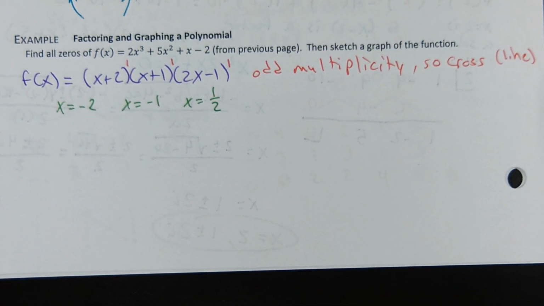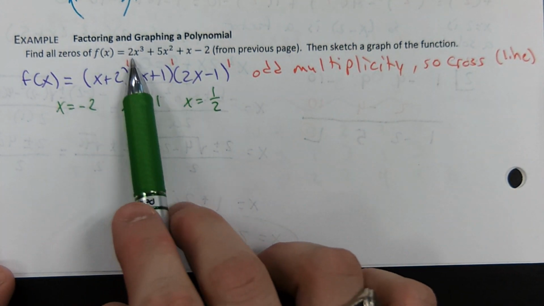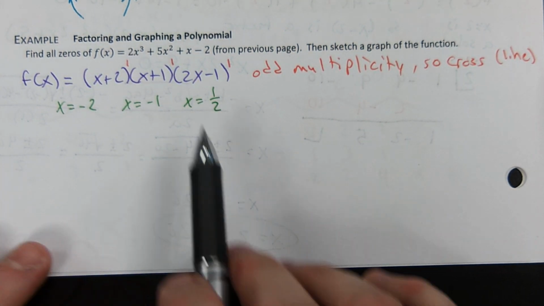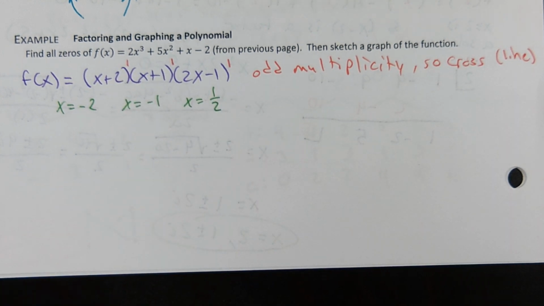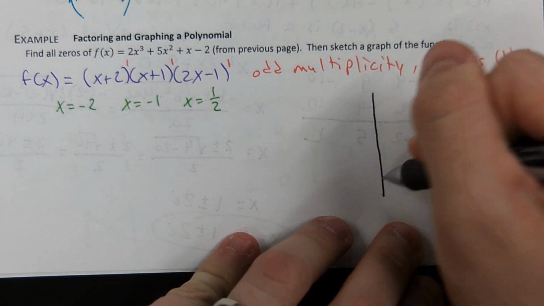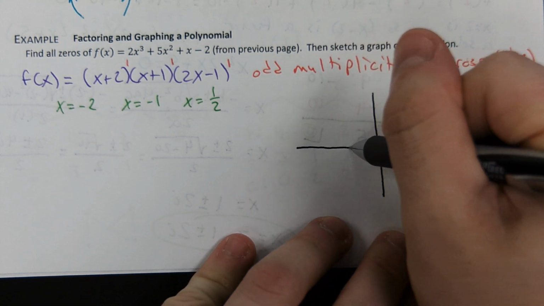And now that we know where it crosses the x-axis, and we've reviewed end behavior, and we know how it behaves at the x-axis, we can sketch this graph. What are the numbers?